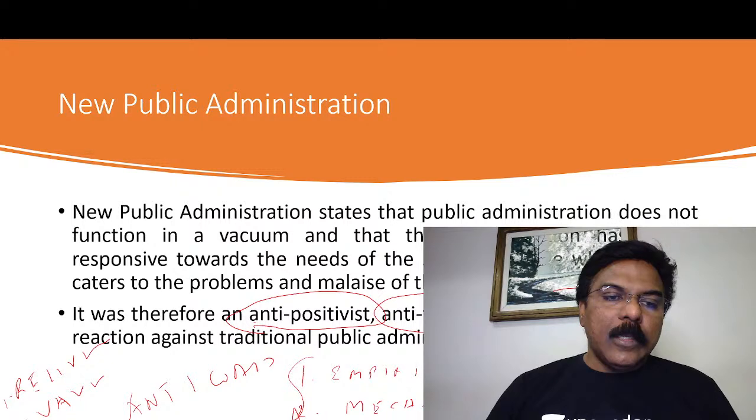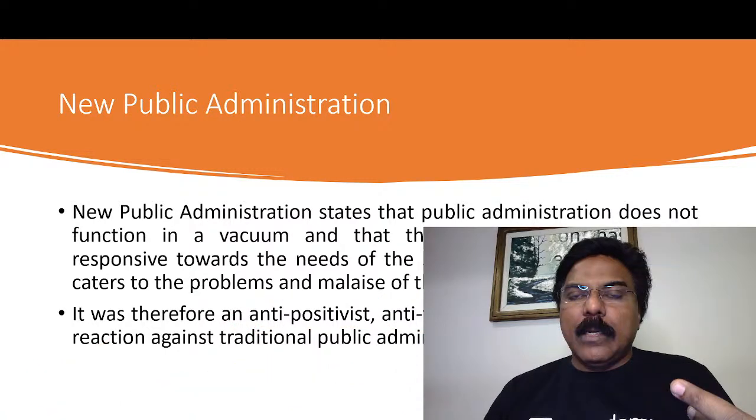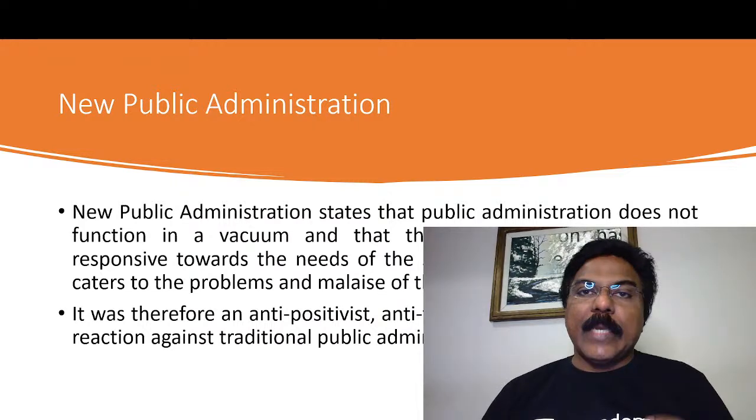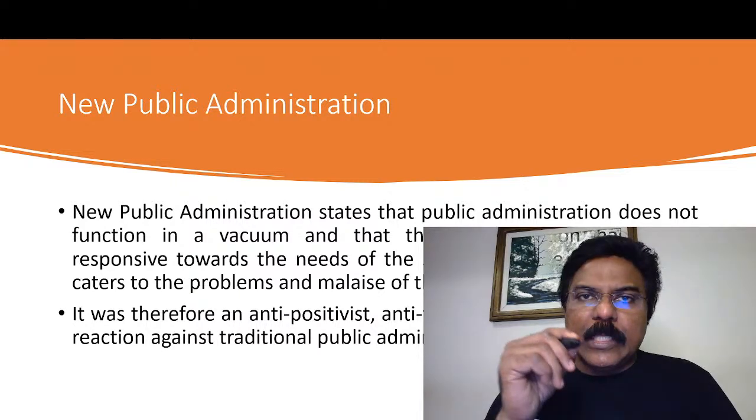So all these are those languages: normative, empirical, positivist, technical, hierarchical, anti-hierarchical. By reading many times only you will be able to get that vocabulary into your head, and it will come very naturally when you write the answers. So when you write your answer with all this, it is obviously going to fetch more marks because they'll know that you have studied that and understood the subject.